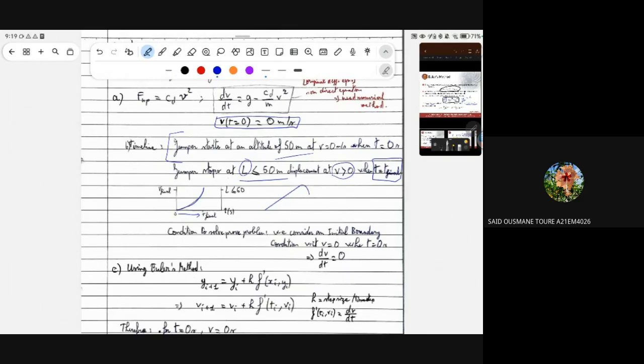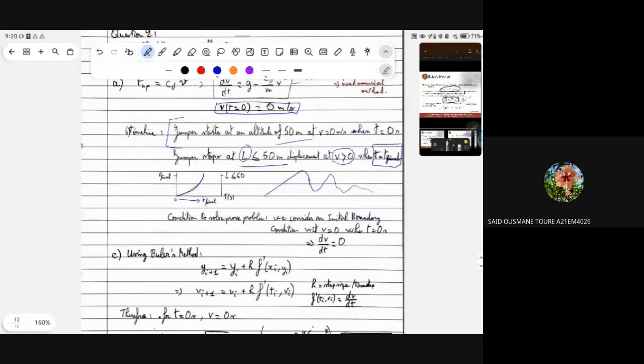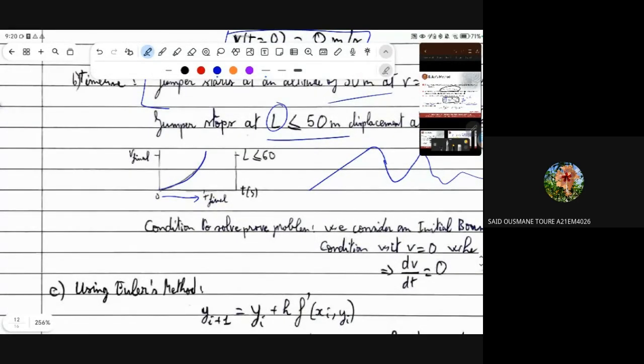It stops completely, then he goes up and comes down again a bit. So the velocity reduces. However, during this time the velocity increases highly, and for L lower or equal to 50, we show that this v will increase exponentially.